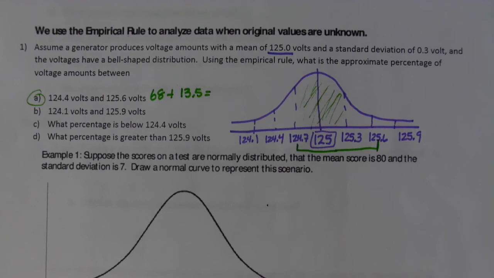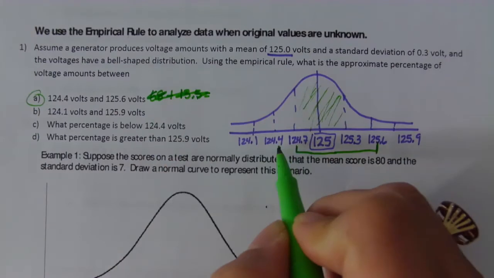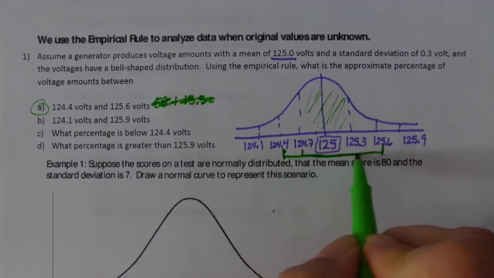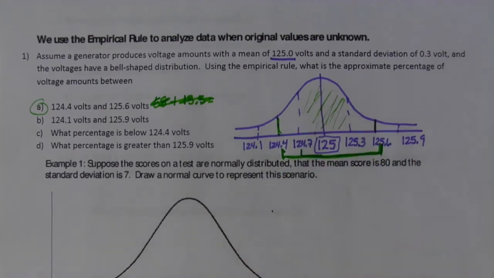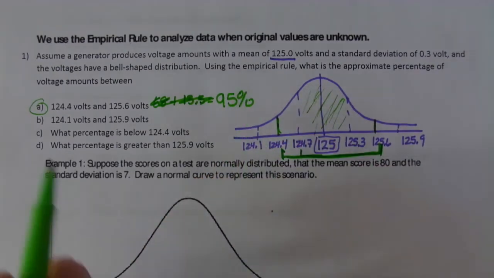So what percent are between, wait, did I read that right? Oh, I read that wrong. Sorry, y'all. 124.4 and 125.6. So what's that percentage if it goes from here to here? 95%. I don't know what I was looking at.